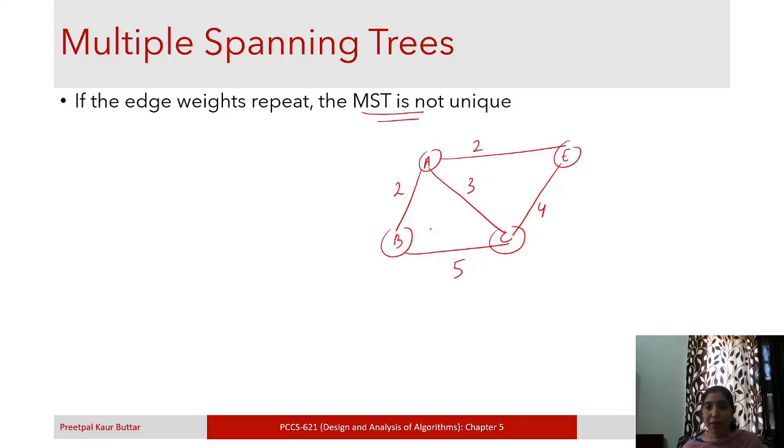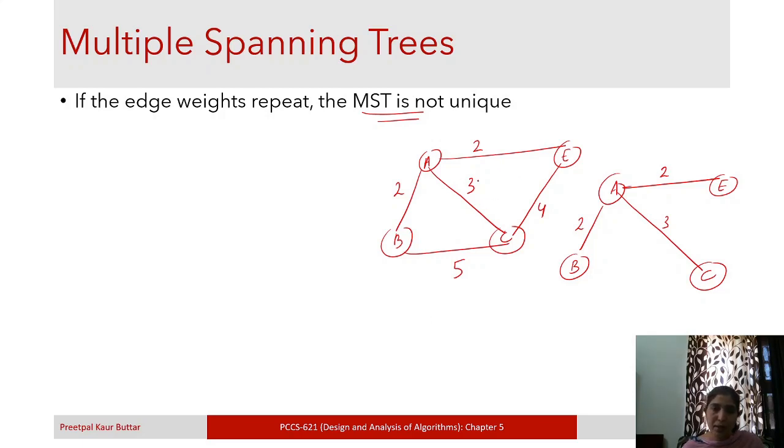There can be multiple minimum spanning trees. For example, A to B, I choose this, and then E here, I choose this, and then C. So this is a minimum spanning tree which is possible.